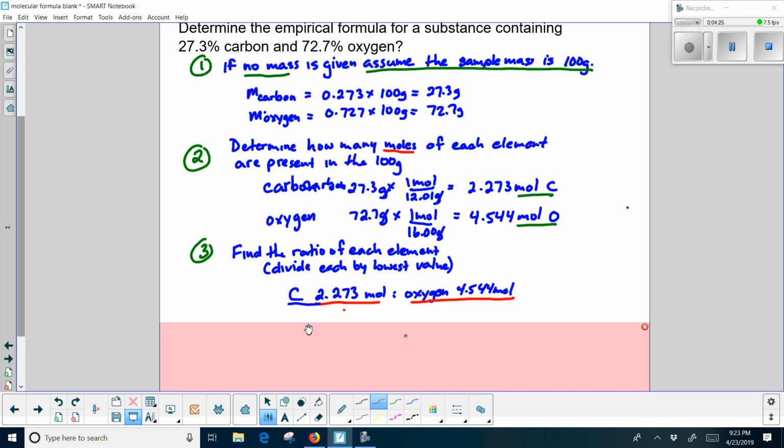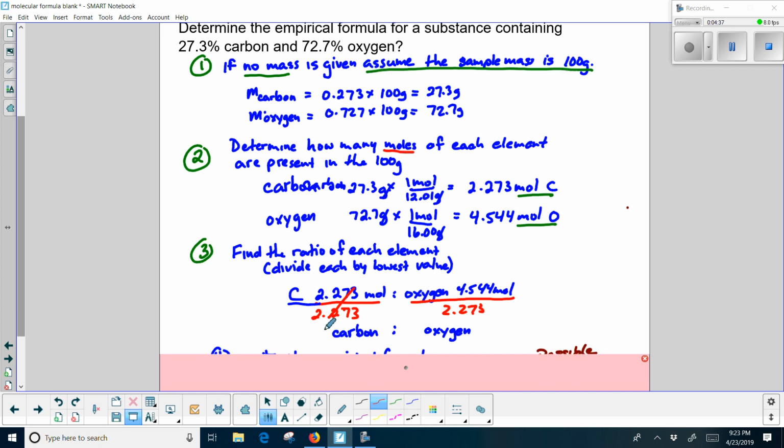That's an odd number, and I want to make it a little bit easier. So I'm going to divide both sides by the lowest value, which is 2.273. When we do this, on this side I end up with 1, and on this side, when we do a little bit of math, we end up with 2. So that means that for every 1 carbon, I have 2 oxygens.